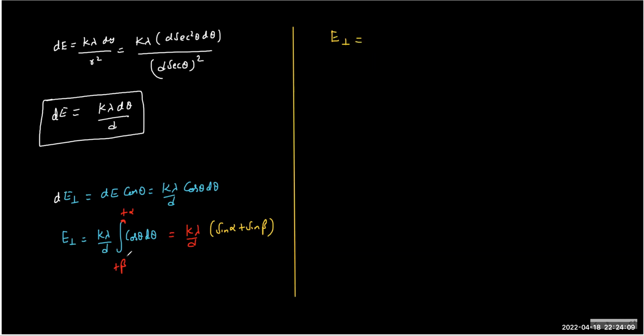Yeah, okay, sorry, my bad. So E perpendicular is equal to k lambda by d into sin alpha plus sin beta.